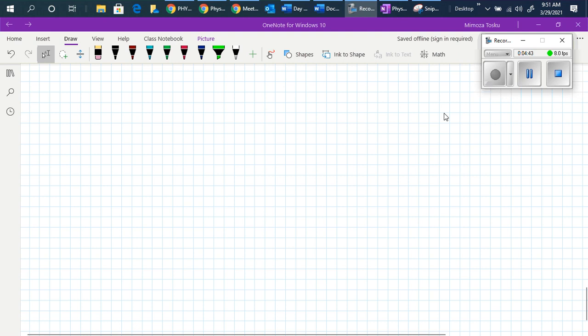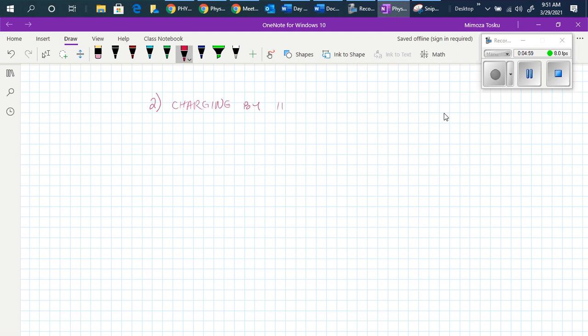The second way of charging an object is induced charges, or charging by induction. As you see here, the word induction says that you are not in contact with the object that you are charging.